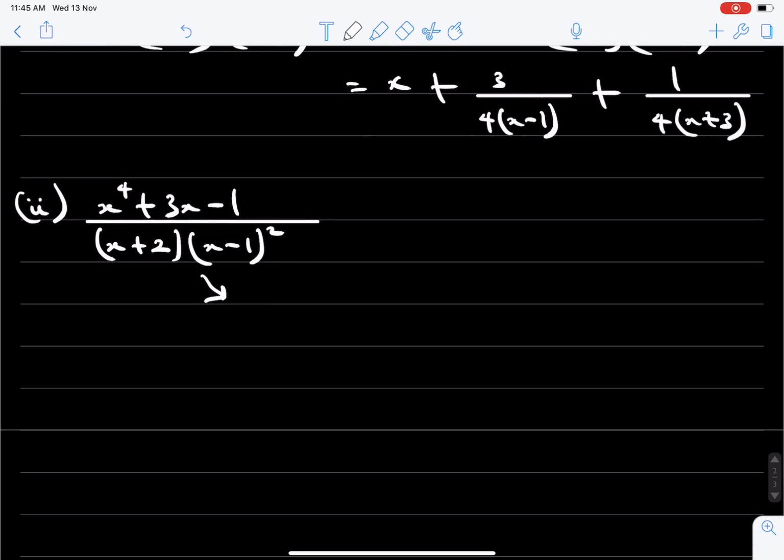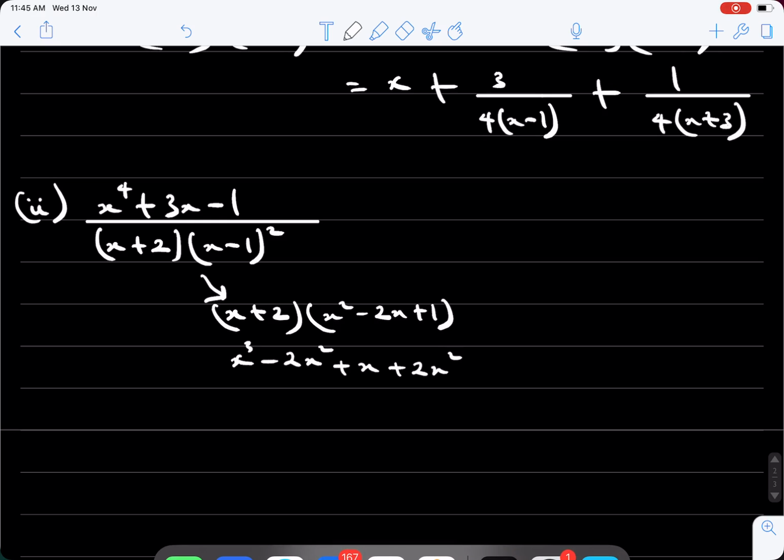Let's check that. x plus 2 times x minus 1 squared. x minus 1 squared is the same as x squared minus 2x plus 1. And if we further expand this, we are going to have x cubed minus 2x squared plus x, plus 2x squared minus 4x plus 2.